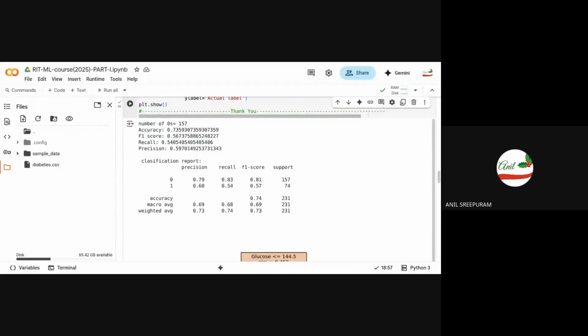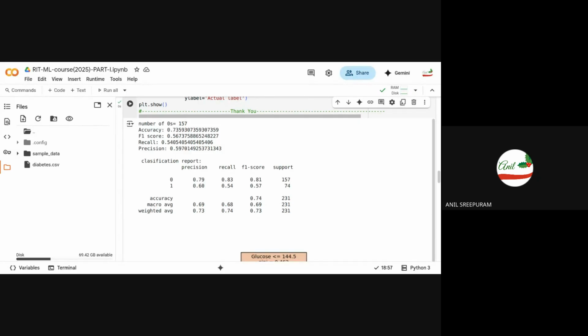Previously it was 77, now this model is up to 73 point something. And the F1 score is 0.56, previously it was 0.6. Recall was previously 0.52, now it is 0.54, so recall is improved. But precision, previously it was 0.70, now it is only 0.59.